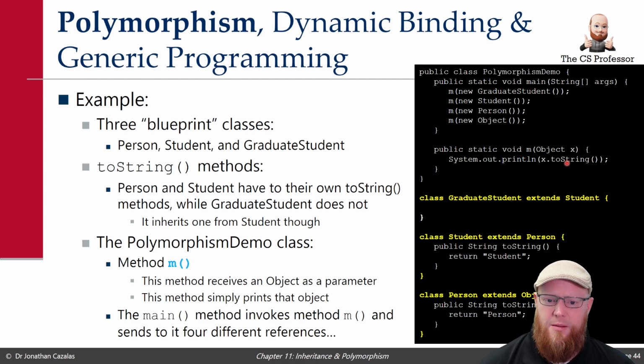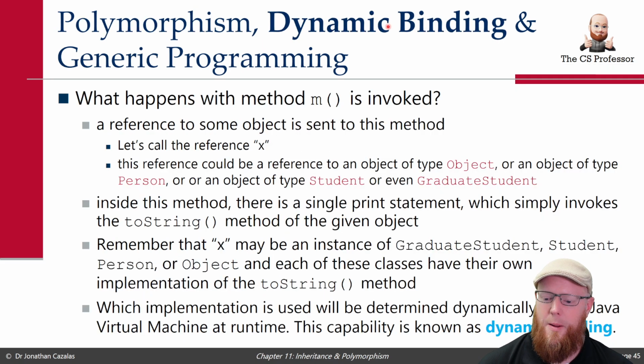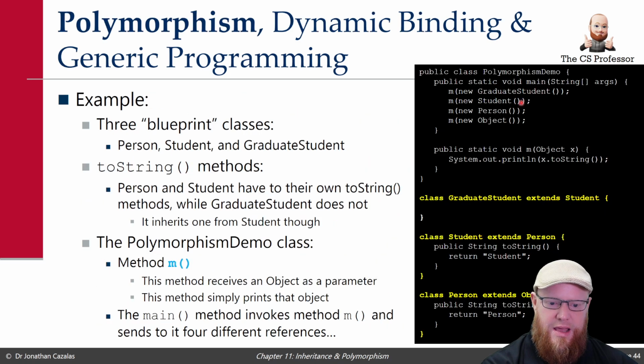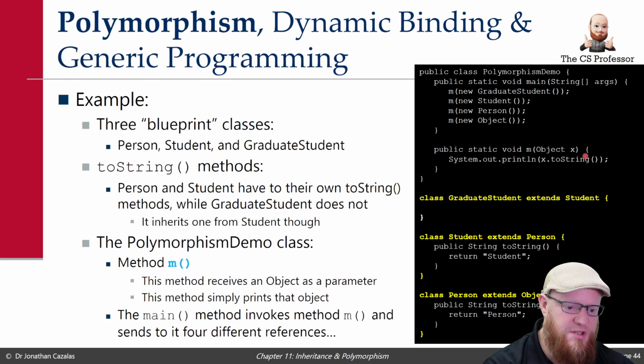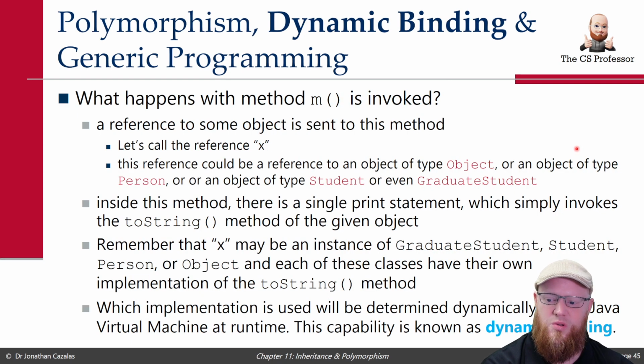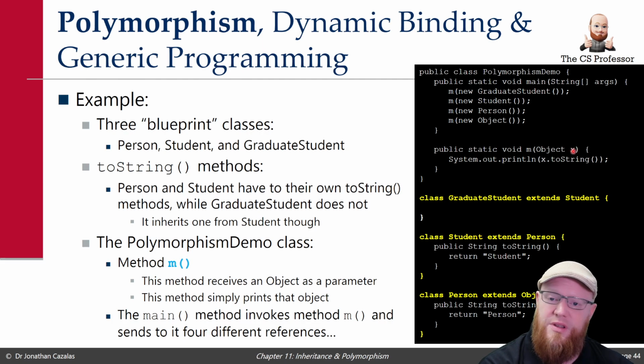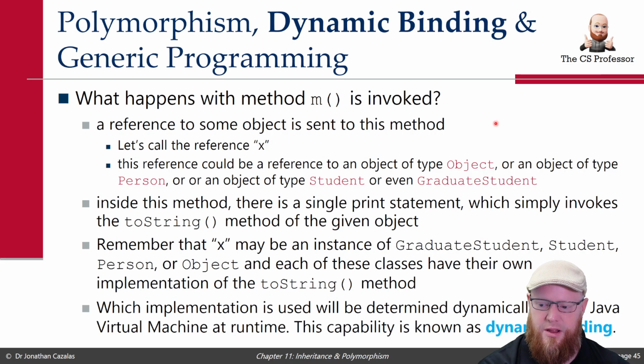What we just described here is really the next topic written at the top, dynamic binding. So what happens when we invoke method M? A reference to some object is sent over to method M. What kind of object? We're sending over a reference to some object that gets saved into the variable X. But the reference that was sent over could have been a reference of type student, of type graduate student, of type person, or even just a reference to an object of type object.